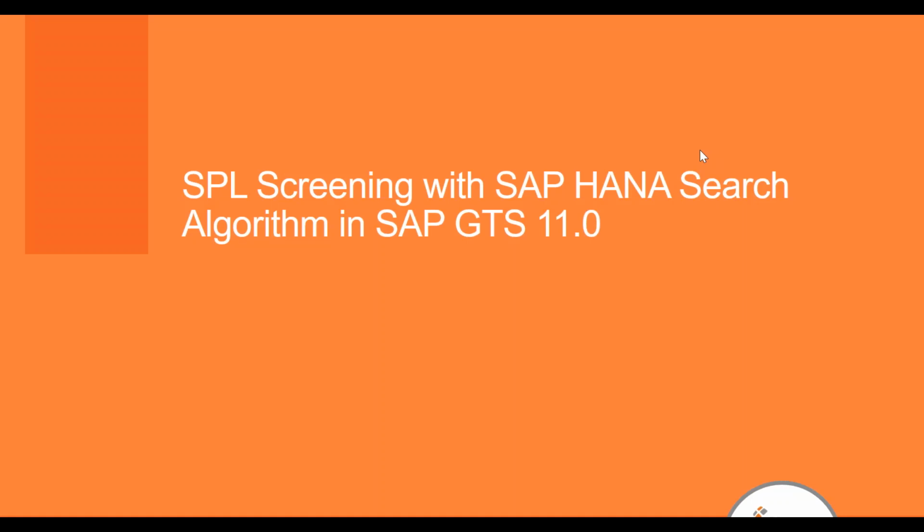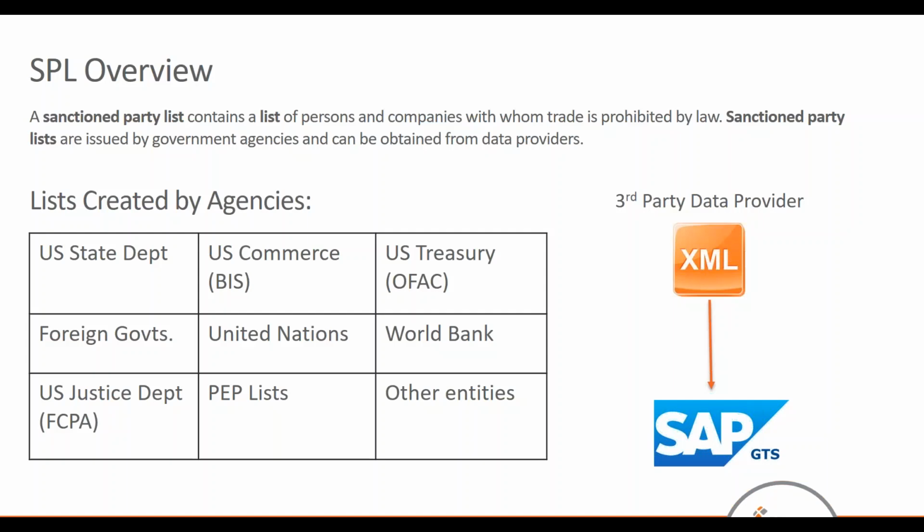So before we start with today's webinar, I would like to discuss what we actually mean by a sanctioned party. A sanctioned party, or SPL, is basically an acronym for the sanctioned party list.